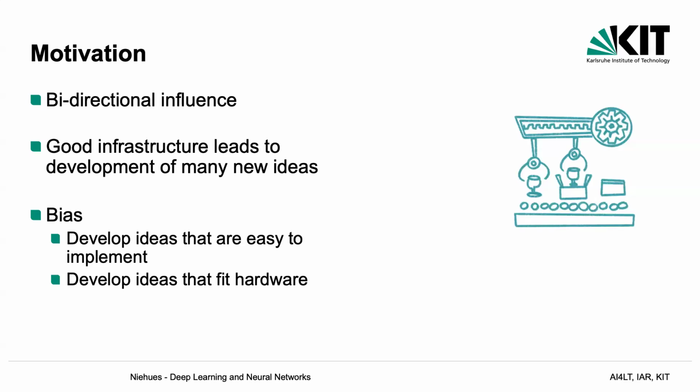But there's also another way: with the knowledge of what can currently be done with the architecture, we will develop models which fit very well to the architecture. I guess you have all already heard a bit about these transformer models, which are used everywhere and which we'll cover. One big advantage of them is that they can be calculated very, very fast on GPUs. They are really good and a great idea, but they might not be much better than some other architecture.